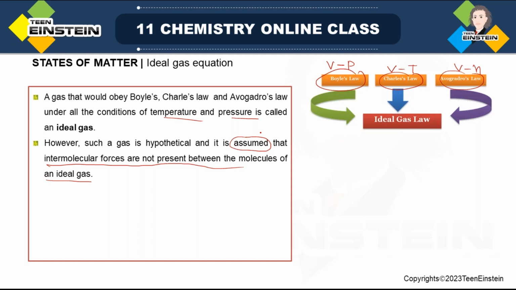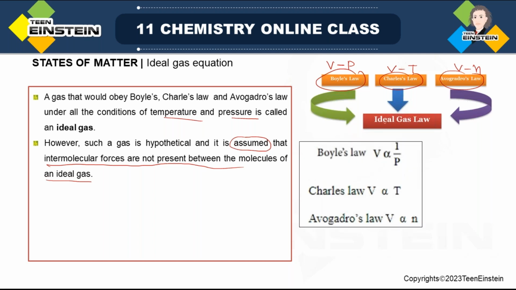So when these forces are 0, then only an ideal gas can exist. But that is actually an assumption. It is not possible that intermolecular forces will be completely 0. No, that is not possible. So they will always remain, whether very high intermolecular forces or low, whatever it is, but it will never be 0. Okay, so that is why ideal gases do not exist. But if we consider this assumption, then only it can exist.